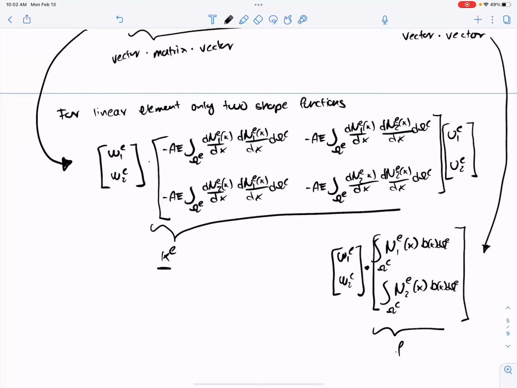And this right here is a force vector. Well, the force vector is new because we did have a stiffness matrix for the trusses, but we didn't have a force vector. We had a force vector, but they were all outside forces. But now we need to integrate something.